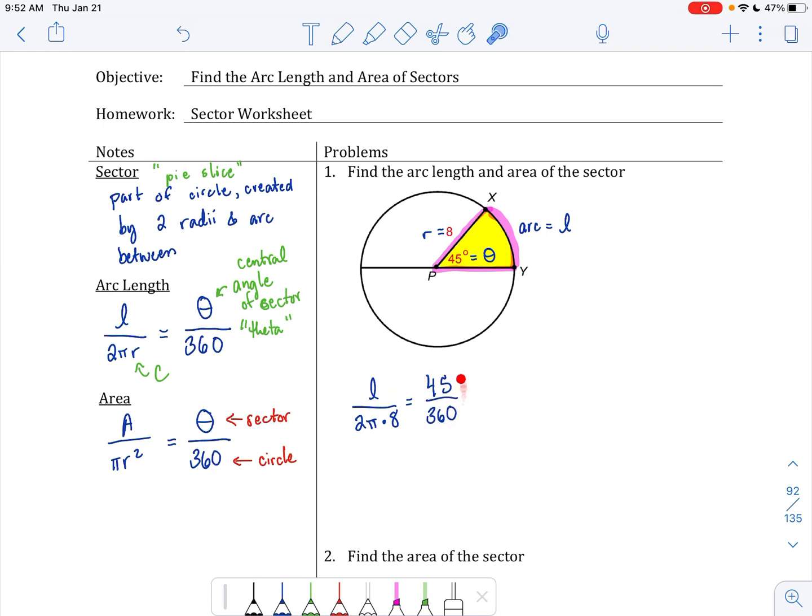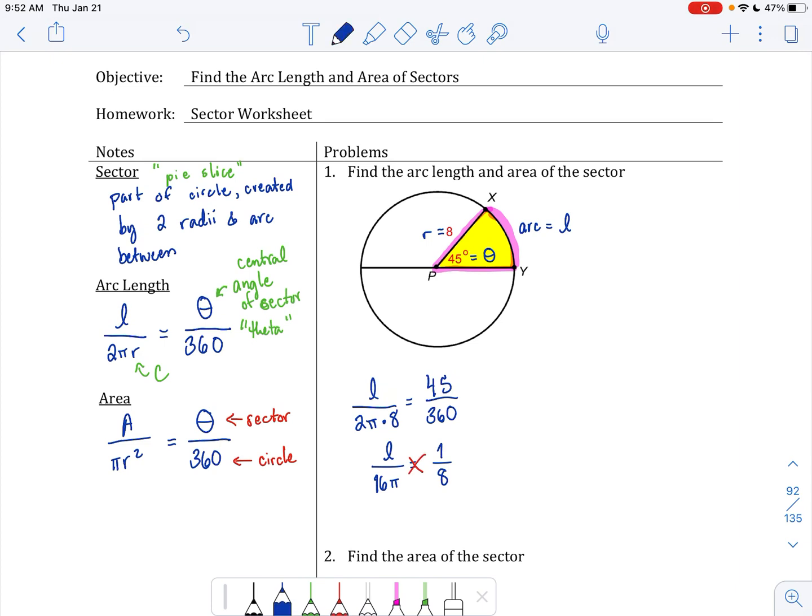Now the nice thing about a lot of the problems you're going to run into in sectors is that this proportion tends to be easily simplifiable. And in this case, 45 over 360 is 1/8 of the circle. So then the arc length is L over 16 pi is equal to 1/8.